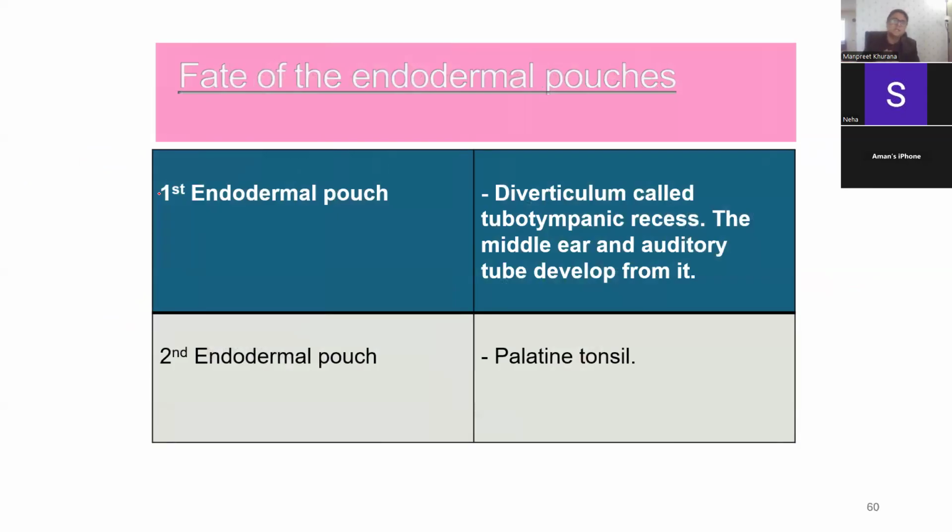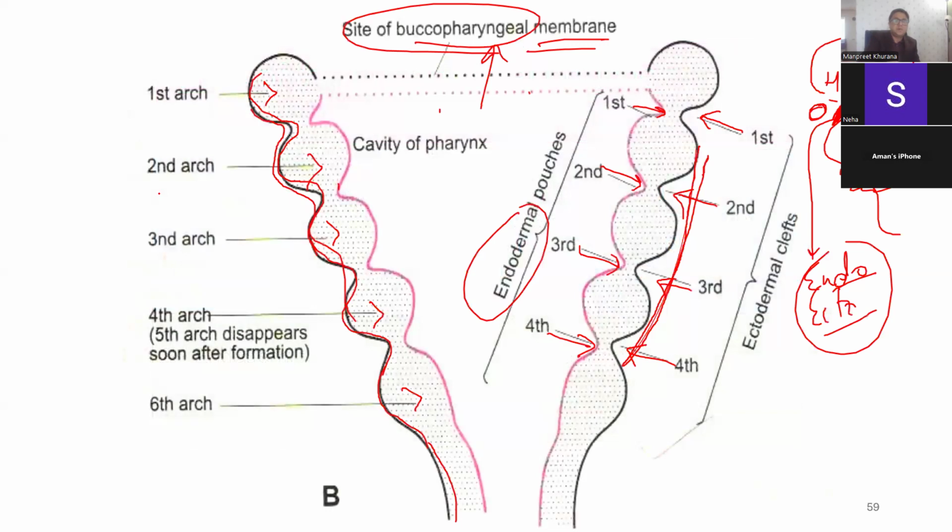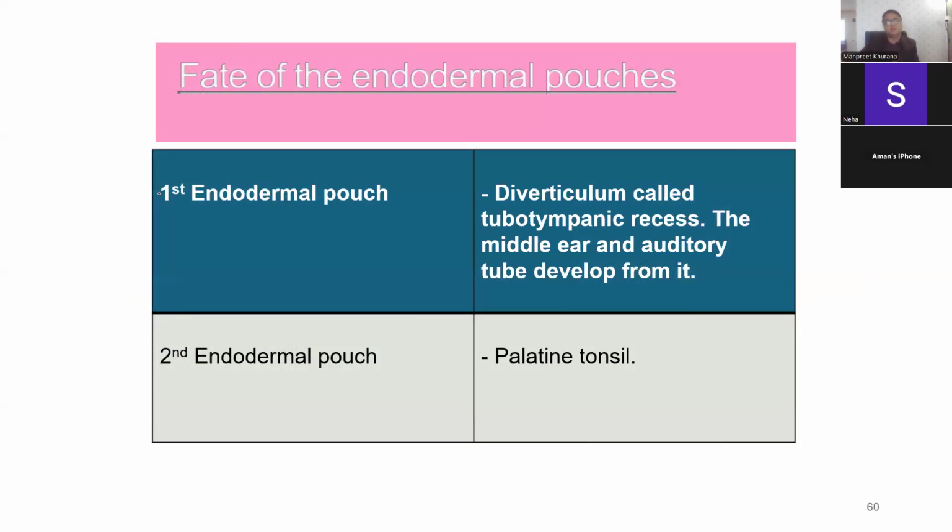Now let's see the fate of endodermal pouches. Inside there are some pouches. From the first endodermal pouch, what develops is the diverticulum called the tubotympanic recess, right? The middle ear and the auditory tube. So we can say the middle ear and the auditory tube are derivatives of the endodermal pouch. Which one? First. Now, a simple question.